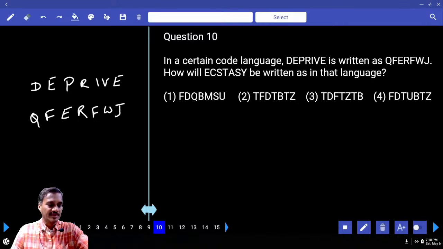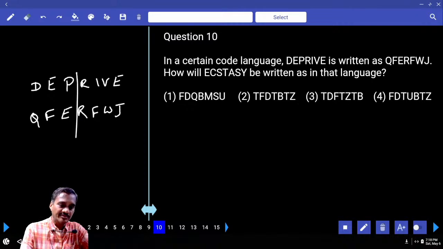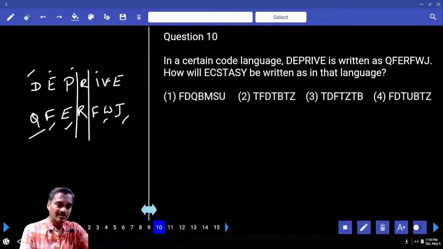D and Q. What is the relation between these two, D and Q? D becomes E, EF, PQ, IJ, VW, EF. The middle letter is the same as it is. Similarly, in the same way, now ECSTASY.